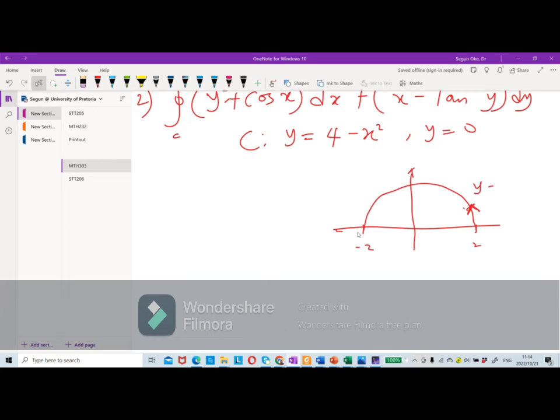This is y, this is x, y equals 4 minus x squared. So how much do we get now?